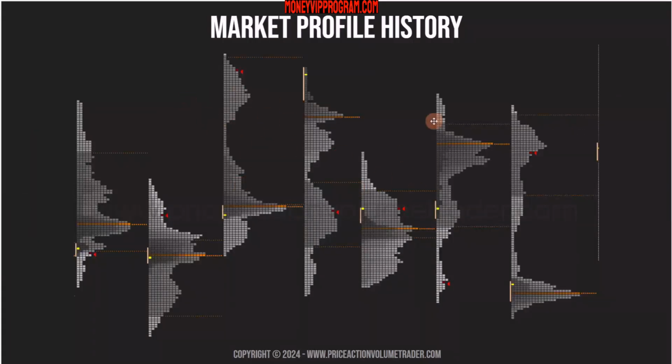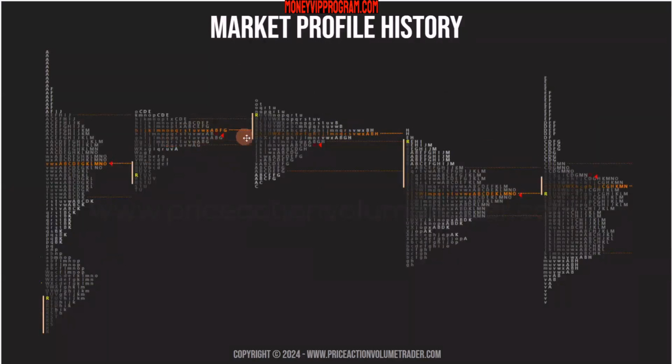Here on the screen, this is a TPO chart. There are two basic ways to display TPO charts. We have the block display, as you have here on the screen, and we have the letter display as well. They both represent the same thing.